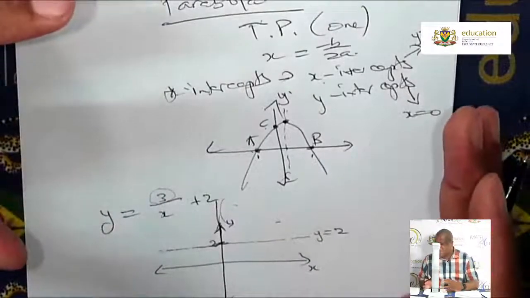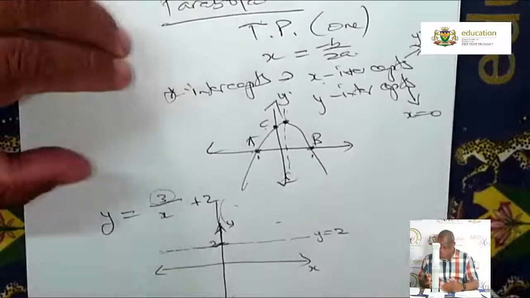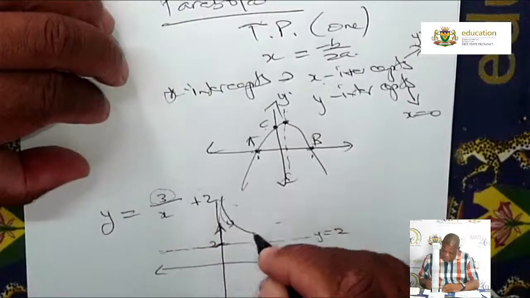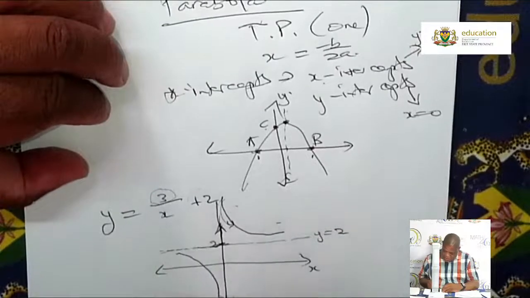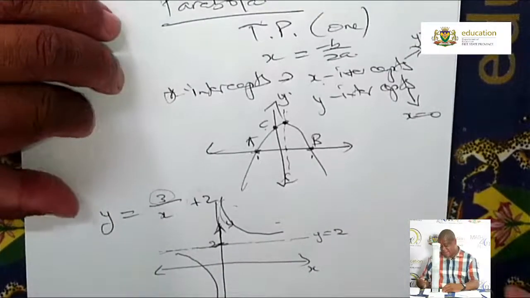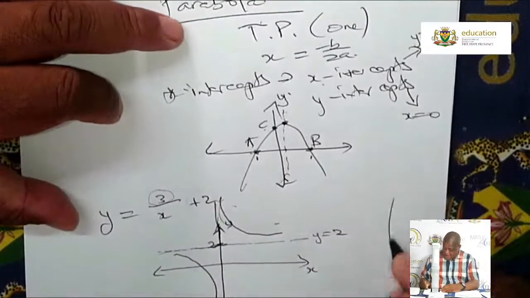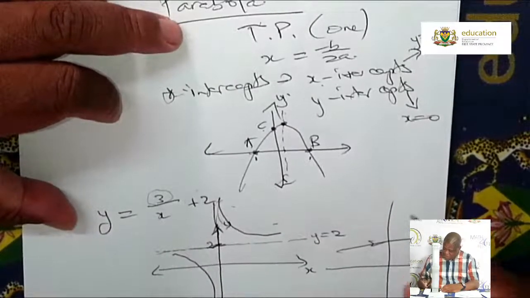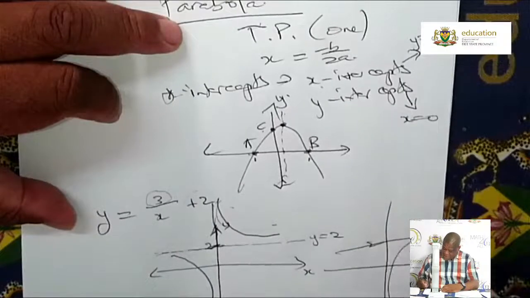It will just depend on that value, because the hyperbola will definitely look like this. If you're having your 2 there, it will take the shape like this.